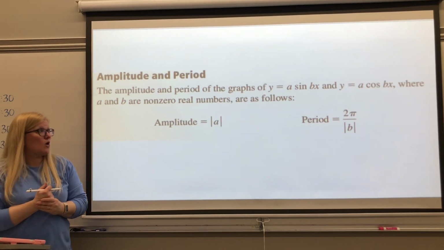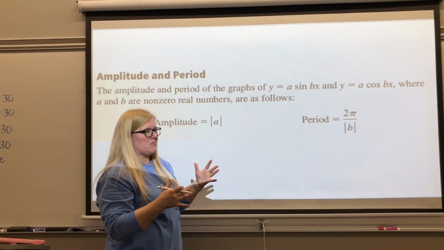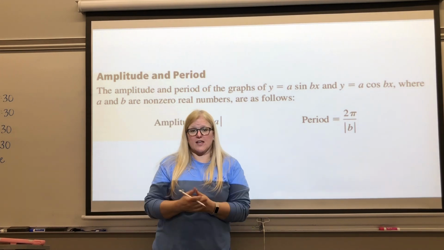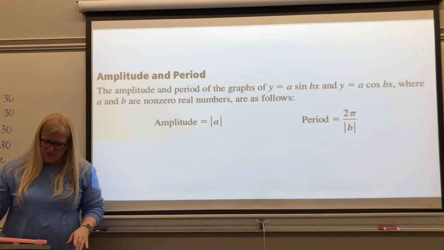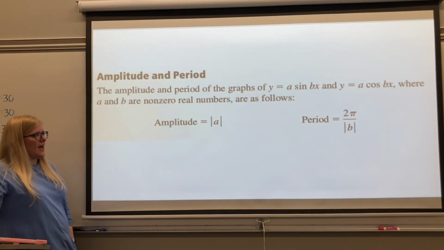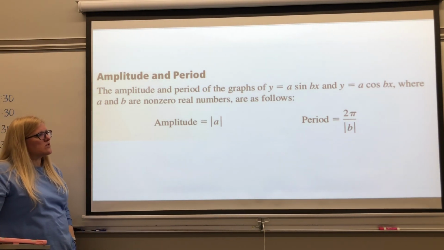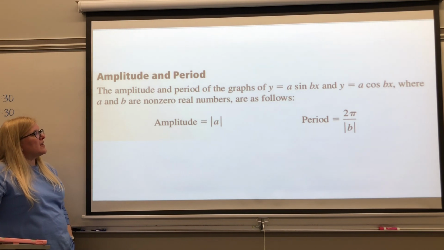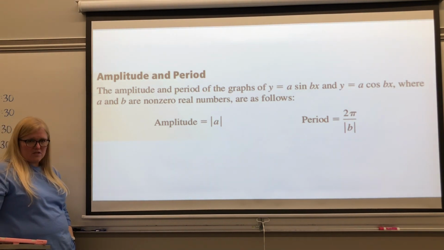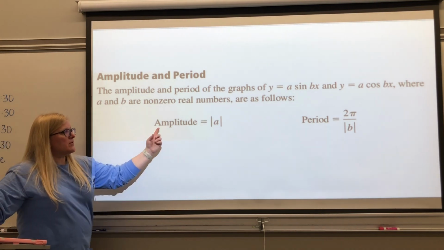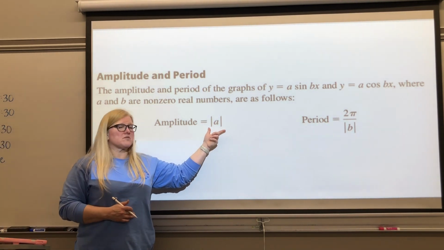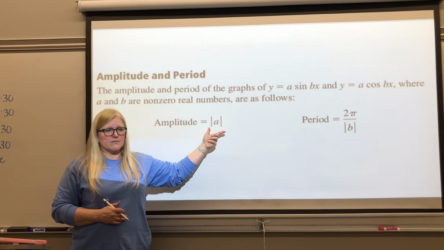Amplitude and period. So a and kind of b mean other things too. So the amplitude and period of the graphs of y equals a sine bx and y equals a cosine bx, where a and b are non-zero real numbers, so they can't be 0, are as follows. The amplitude is the absolute value of a.